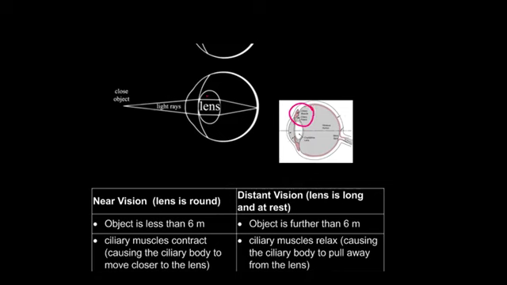A lens cannot move. A lens does not have muscle. So what do we need to have? My suspensory ligaments, or my ciliary muscle.